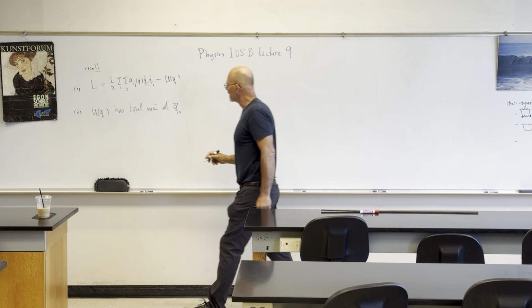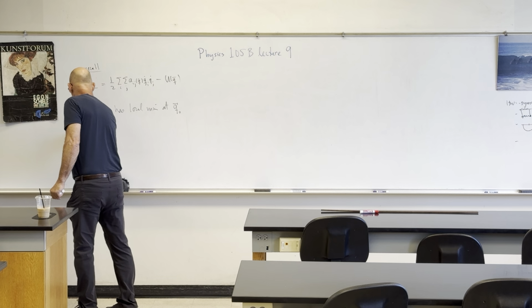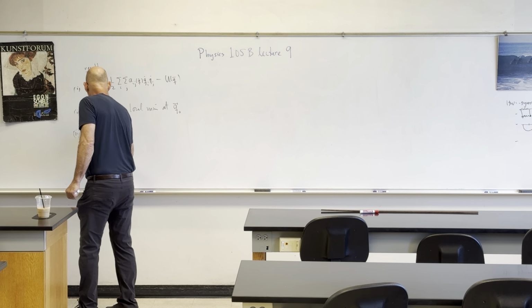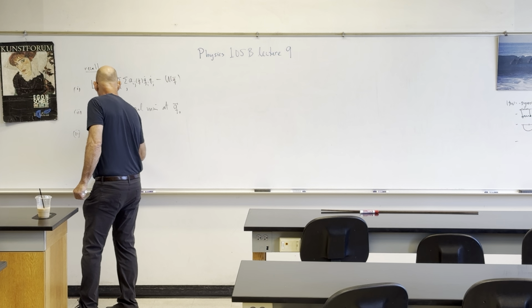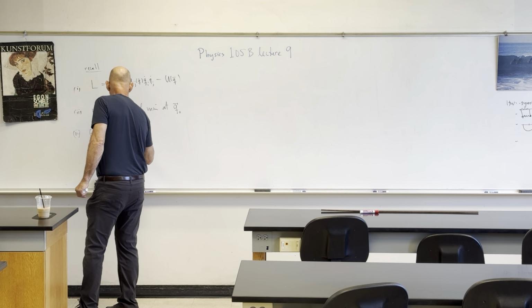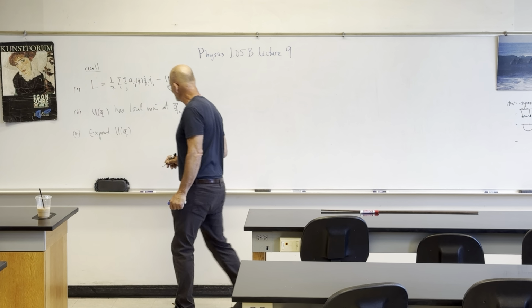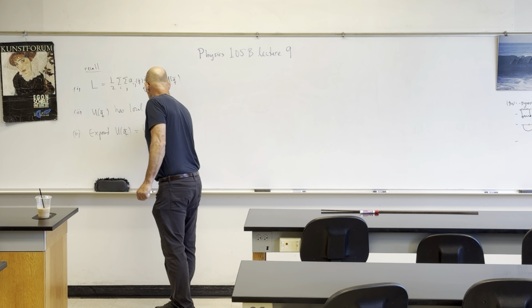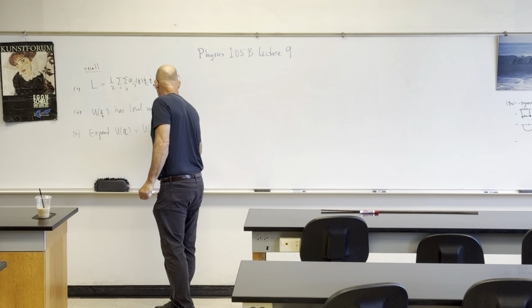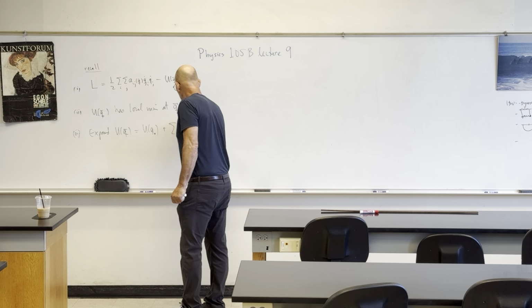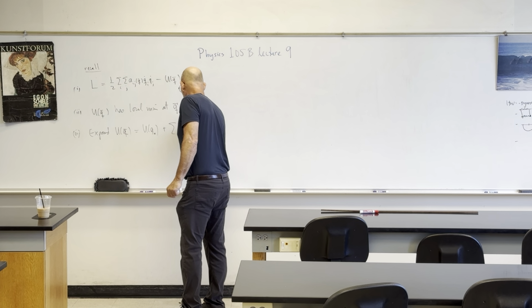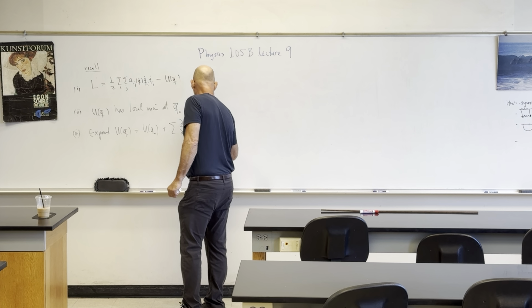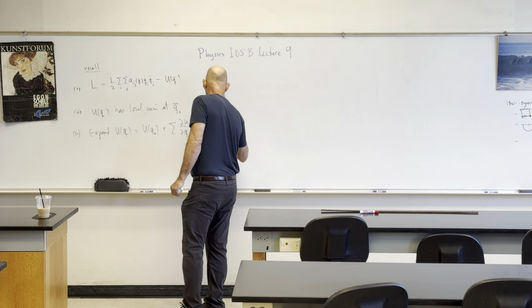So then the third thing is to expand U of Q in a Taylor series, equals U of Q0, which is just a constant. Then just using this nomenclature, the first-order sum with Qi minus Q0i.